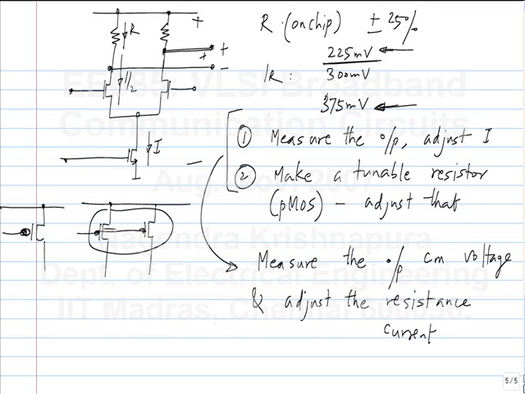You force a current of I by 2 through this, and you know what I by 2 times R, the swing that you want, is. So you have this value and you compare that to the reference value and then adjust it by feedback.